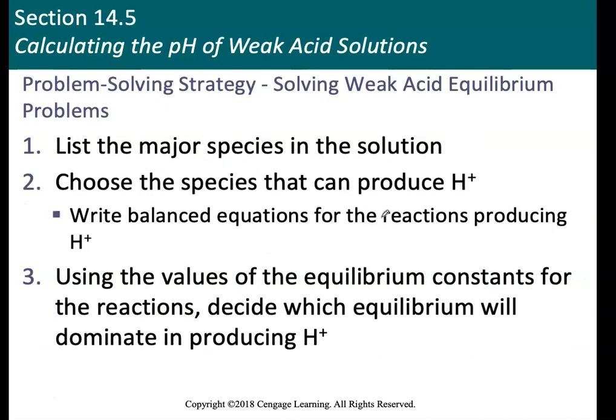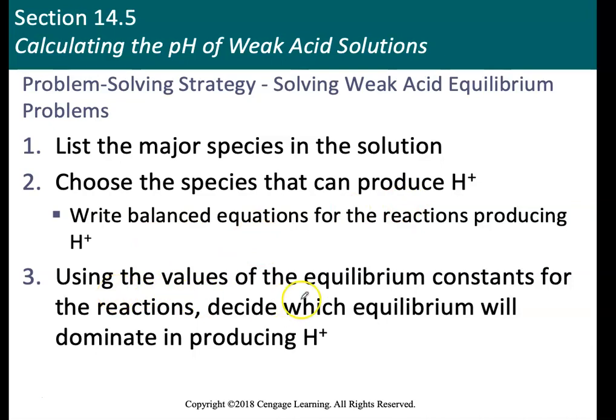Now you see here, in the determination of weak acid, it's quite different when we are looking at the calculation. Here it takes several steps, and we're going to run through these steps. Number one, list the major species and choose the species that are present that can produce H+. Write the balanced equation for the reaction.